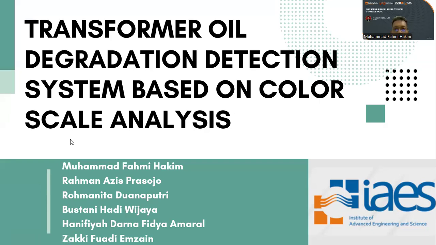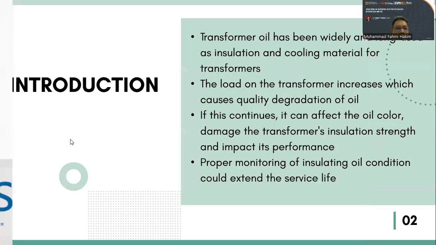Okay, and then we go to the first section, that is introduction. We know that transformer oil has been widely and long used as insulation and cooling material for transformers. As the load on the transformers increases, it causes quality degradation of the oil.